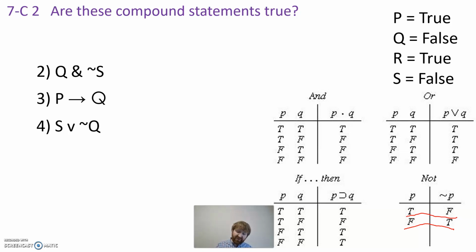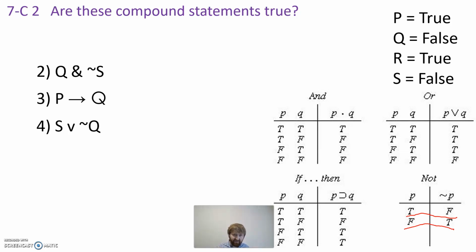So when you've got 2 statements, you actually have 4 possibilities: P is true or P is false, Q is true or Q is false, and you have to consider all the different combinations thereof. So it's possible that they're both true, that they're both false, or that one is true and one is false, or vice versa.